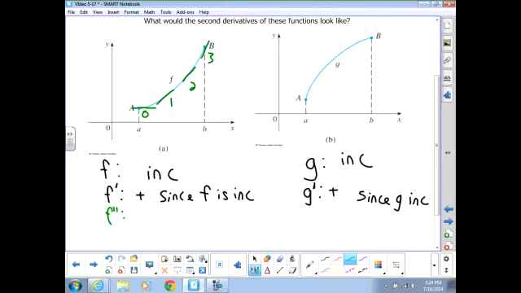So our slopes, they are changing, and as they are changing, they are increasing. Because the slopes are increasing, that means the second derivative must be positive. So it's positive since f prime, which we'll say aka the slopes, is increasing.